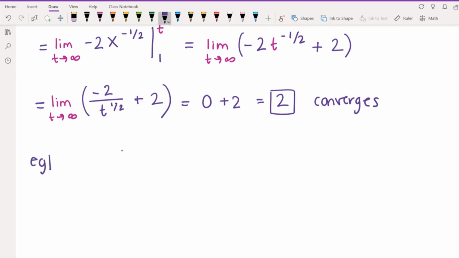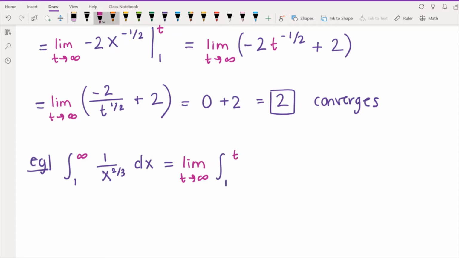So let's try one more. Let's try now the integral from 1 to infinity of 1 over, this time, x to the 2/3. So we just did 3/2, now we're doing 2/3. All right, so we have the limit as t approaches infinity of the integral from 1 to t of, and we can rewrite this as x to the negative 2/3.